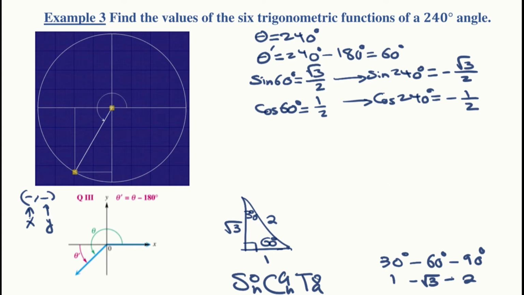The tangent of 60 degrees is going to be opposite, which is square root of 3, over adjacent, which is 1.